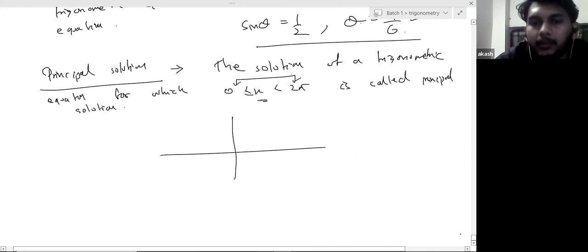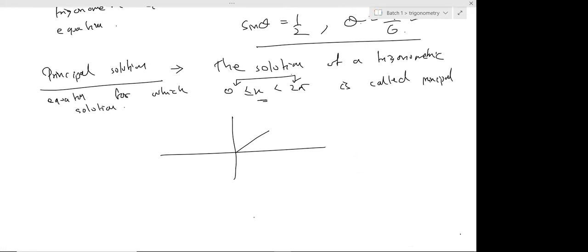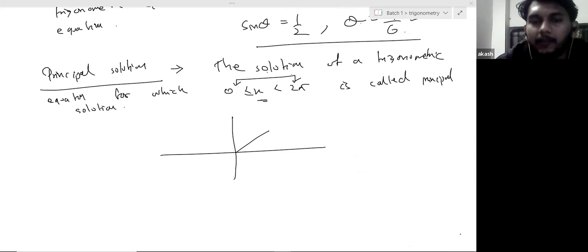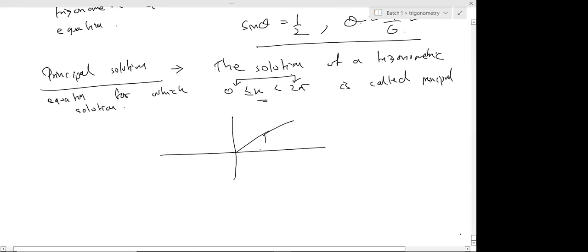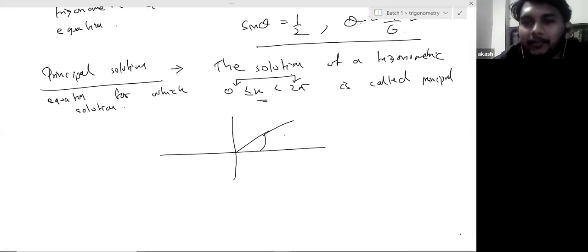We already know that trigonometric values tend to be periodic functions. So they tend to repeat values after a certain period of time.